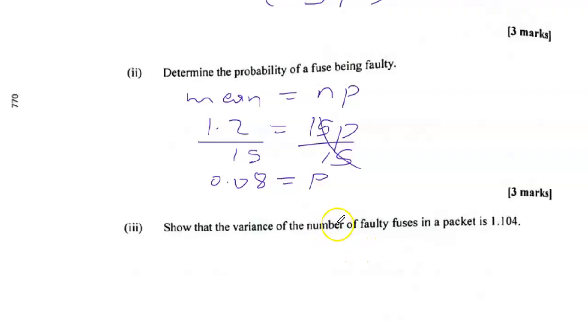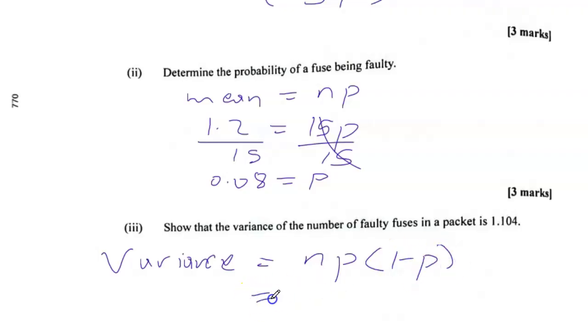Show that the variance of the number of faulty fuses in a packet is 1.104. So the formula for variance is np times 1 minus p, and we know n is 15, p is 0.08, which we just found, and 1 minus p is 1 minus 0.08.